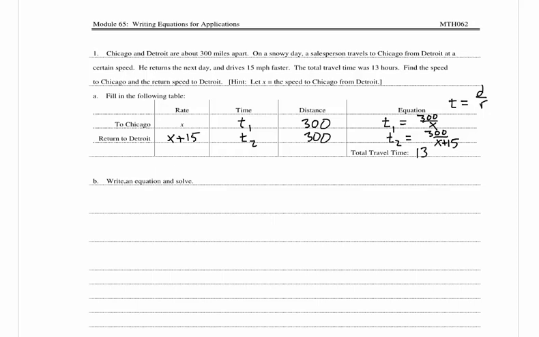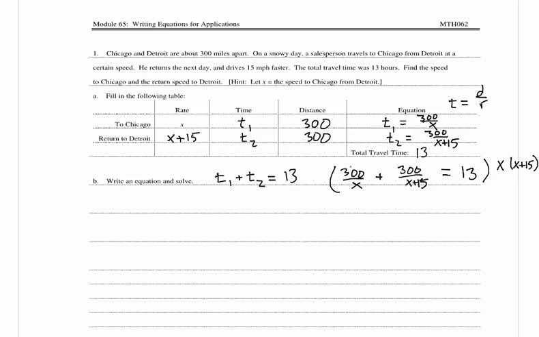So now they want us to write an equation and solve. And we know that t1 plus t2 is equal to 13. So we can say that 300 over x, which represents t1, plus 300 over x plus 15, which represents t2, is equal to 13. And now I'm going to multiply the entire equation by the common denominator, which is x times x plus 15.